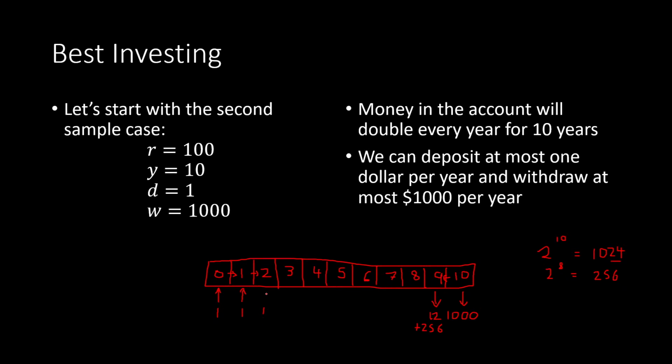We're going to say, okay, we're going to deposit $1 after 2 years. Now from 2 to 9 is 7 years, so 2 to the power of 7 is 128. So every time we advance the depositing pointer forwards, or we bring this withdrawing pointer back, the difference between the years that we're looking at goes down according to the rate, and that's going to be part of the algorithm that does this.